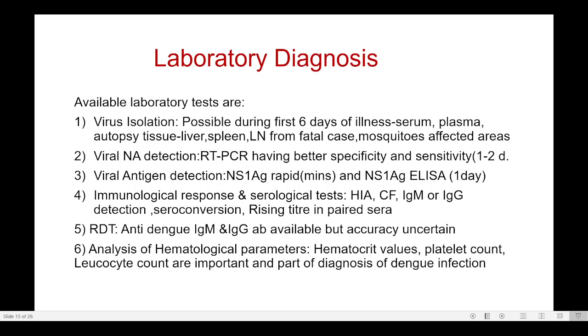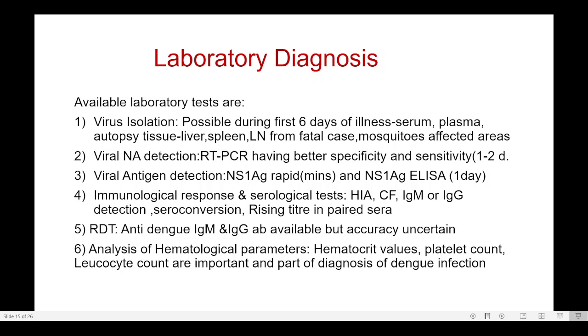Viral antigen detection may be ELISA based or non-ELISA based. If it is detected rapidly, that means within minutes, the sensitivity and specificity are not so high, but ELISA based has high specificity. Another thing is, as a result of dengue infection, the immunological response and serological tests: detection of IgM, IgG, seroconversion, and the rising titer in paired sera.